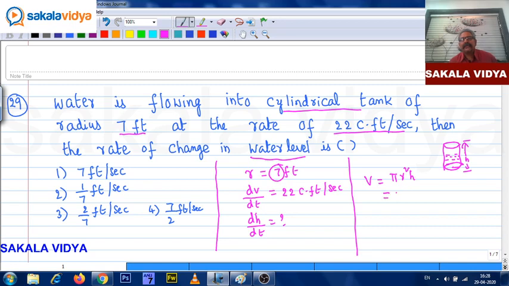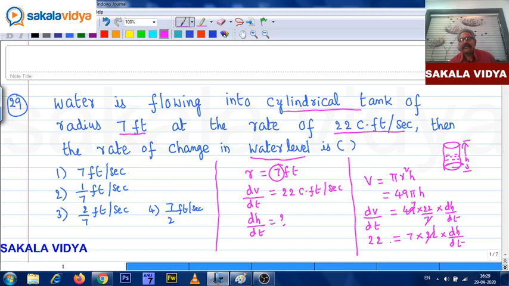So we get 7 square, 49 pi h. Now let us find dV by dt. dV by dt is equal to 49 pi, that is 22/7 into dH by dt. Now dV by dt is already given, that is 22 equals 7 into 22 into dH by dt.